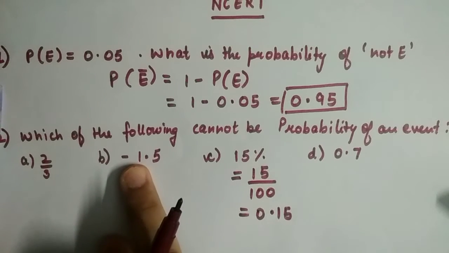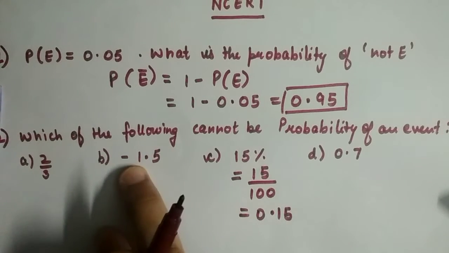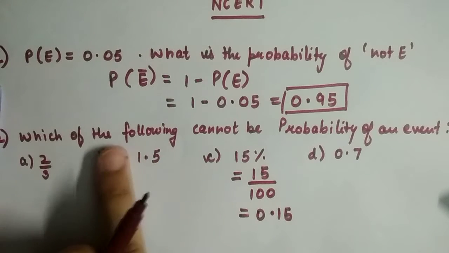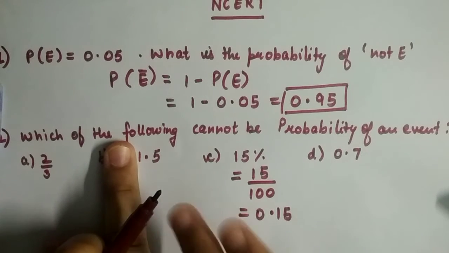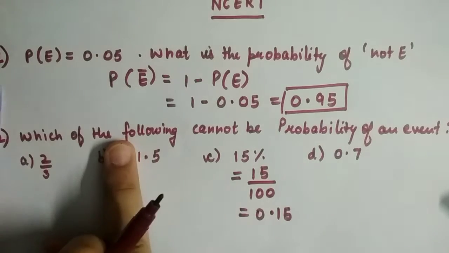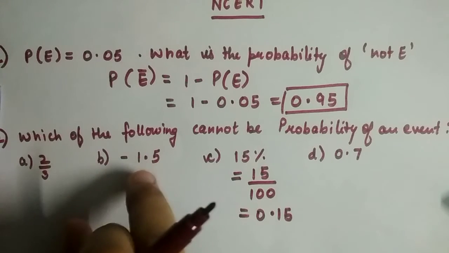Now this is minus 1.5. First of all, it has a negative sign, which means it is less than 0, and secondly, without seeing the minus sign, 1.5 is greater than 1, so it is not correct.